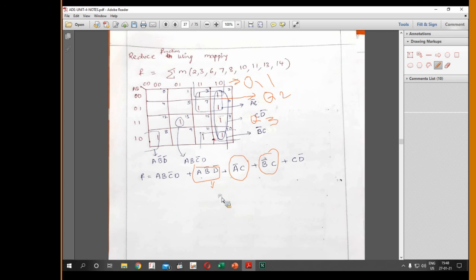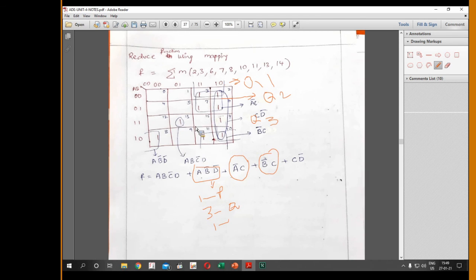So we have in total 1 pair, 3 quads, and another one, which is 13. 13 doesn't have a pair. To pair this, I should have a minterm of 5, or 12, or 9, or 15. So it doesn't have any possible minterm to cover.